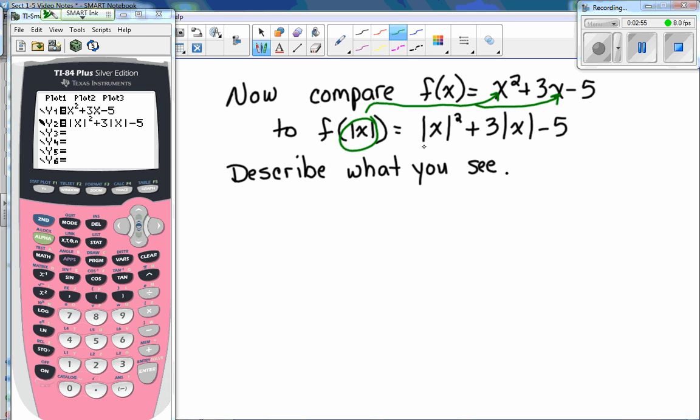So I end up with the absolute value of x squared plus 3 times the absolute value of x minus 5. Go ahead and set up your calculator. Delete what you had in y2, plug this in instead, still leave it as a thicker line, and pause the video, check it out, see what you see, and see if you can make a prediction, if you can determine what's happening.